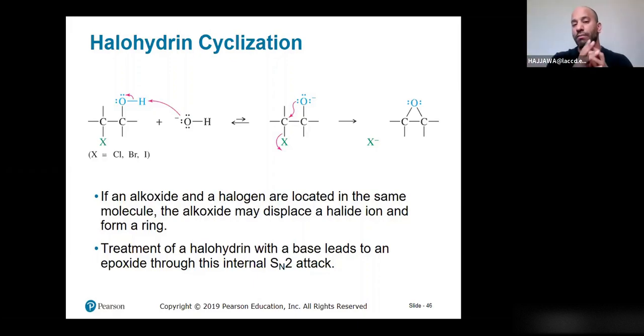I could have not necessarily a 3-member ring cyclic ether. I could have a longer, more expanded one. Simply by having the OH deprotonated to make the alkoxide, that alkoxide right away will attack the CX to make the cyclic ether structure. And it will be an SN2 pathway.